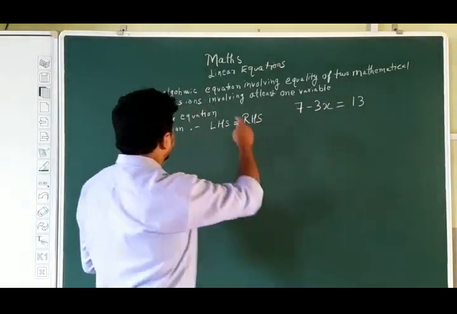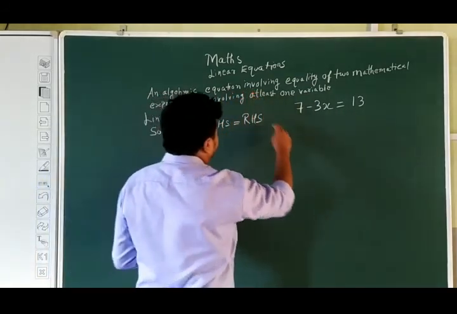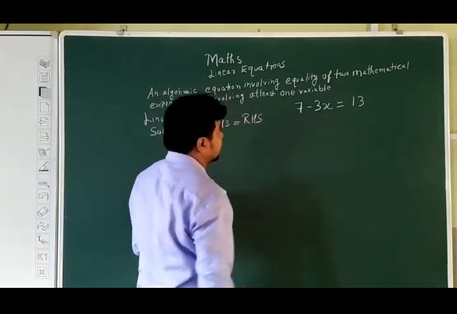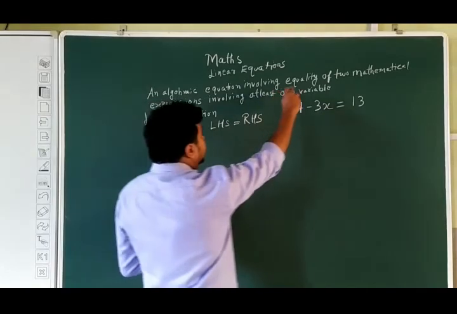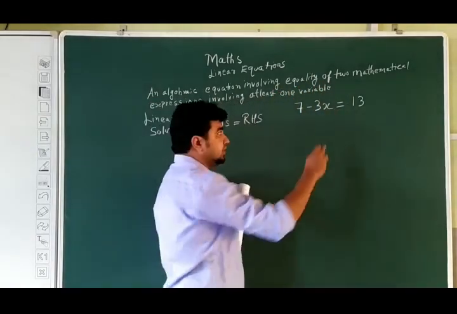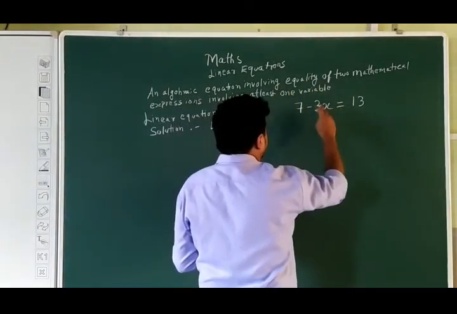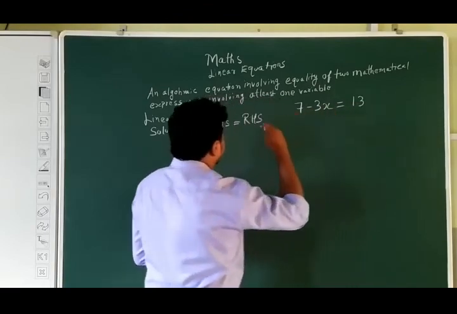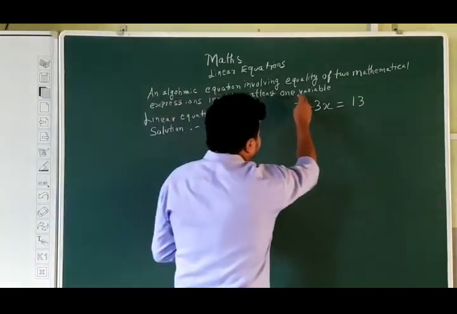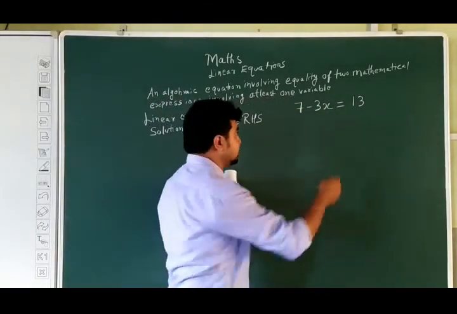So according to the definition, this is an algebraic expression involving equality. Here the equality sign is there. Expression involving at least one variable, here the variable is x.